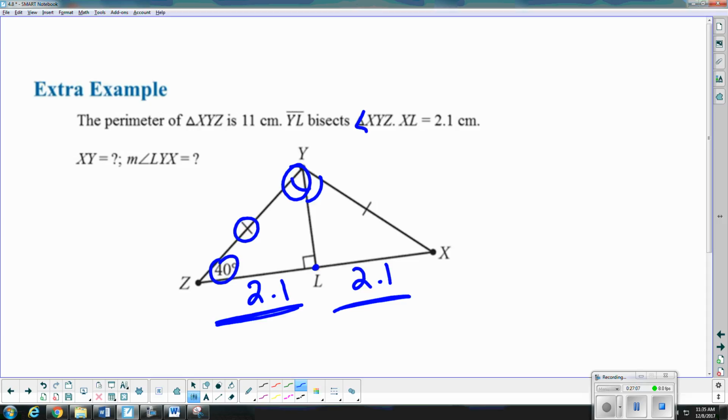All right, we also know that this triangle is isosceles because these 2 sides are congruent. So if those 2 sides are congruent, then these 2 angles have to be congruent, which makes this 40 degrees.